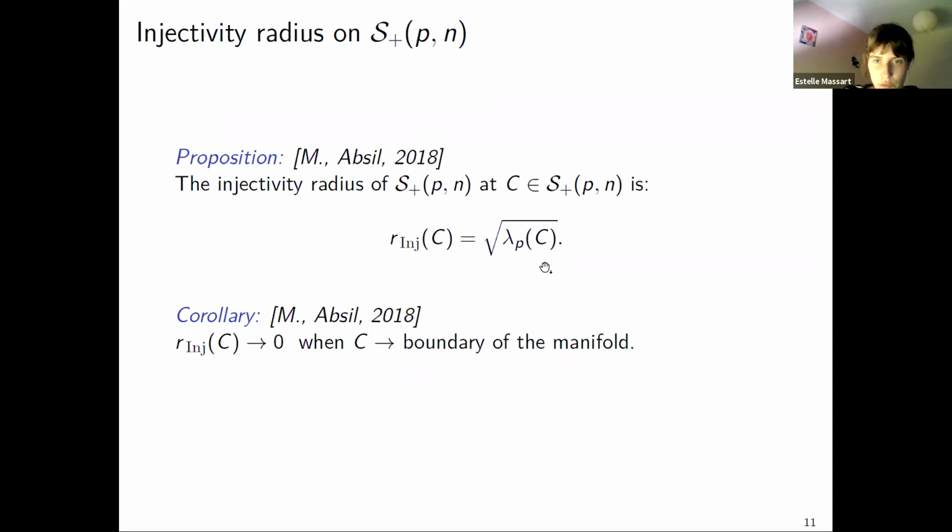An immediate consequence of that is that the injectivity radius will go to 0 if the matrix goes to the boundary of the manifold. So if the p-th largest eigenvalue goes to 0, so if you are working on the manifold of matrices of rank p, but actually the matrix where you are has rank more like p minus 1, and the p-th largest eigenvalue is almost equal to 0, in that case the injectivity radius just goes to 0 as well.